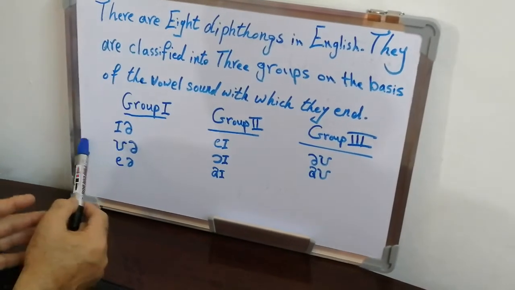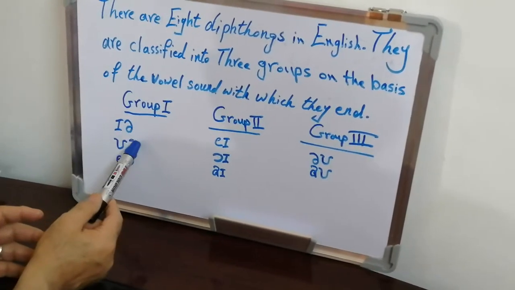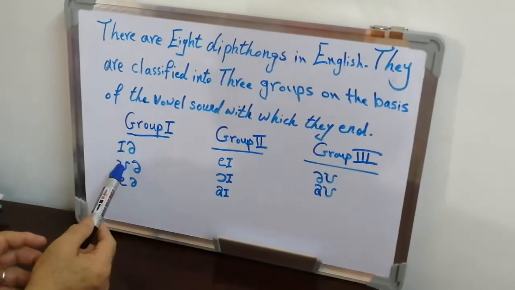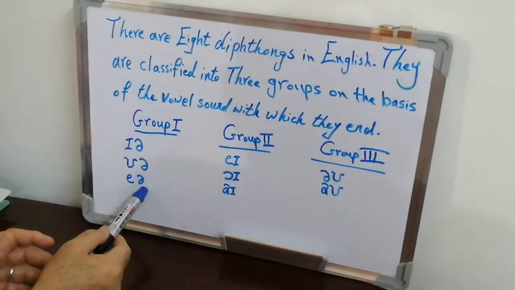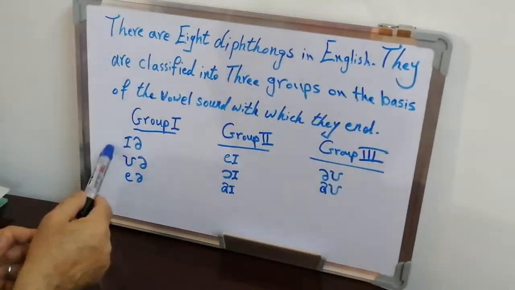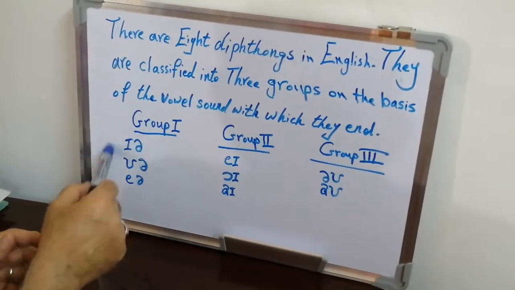Why? Because they end with the same vowel sound. They end in schwa. So this is ɪə, ʊə, eə. They almost end with the same vowel sound, schwa. That's why we put them in one group.